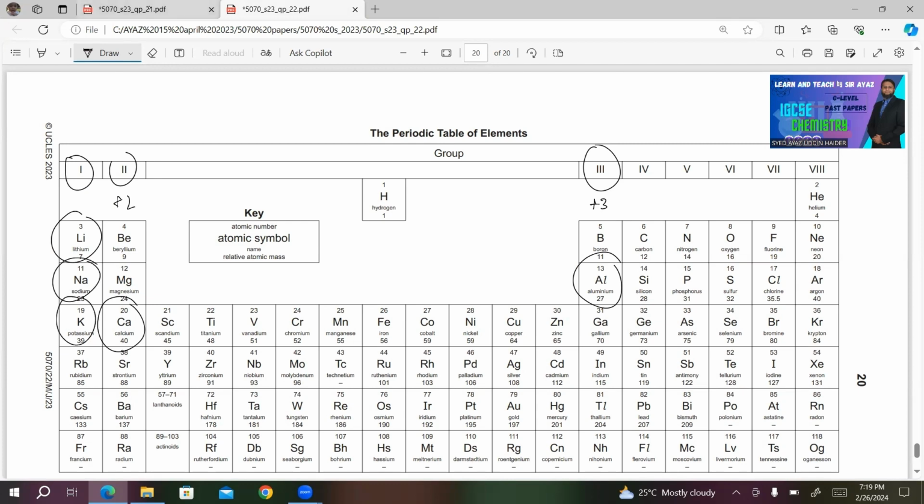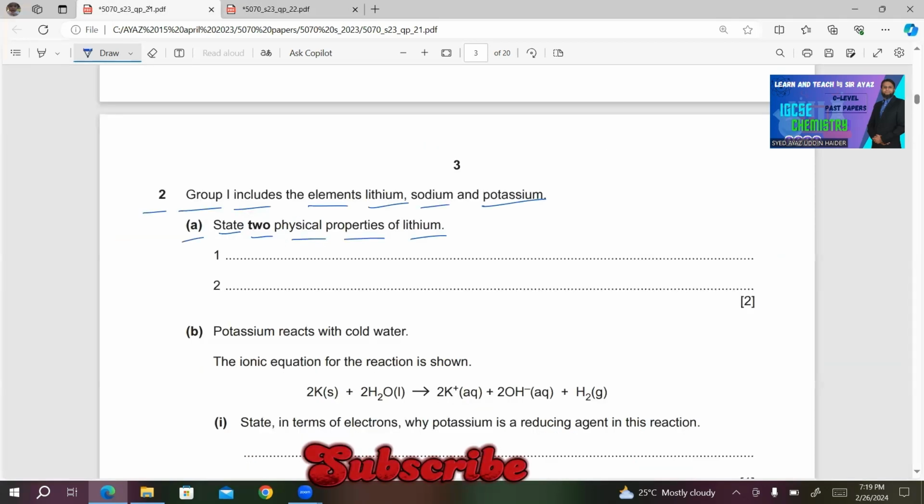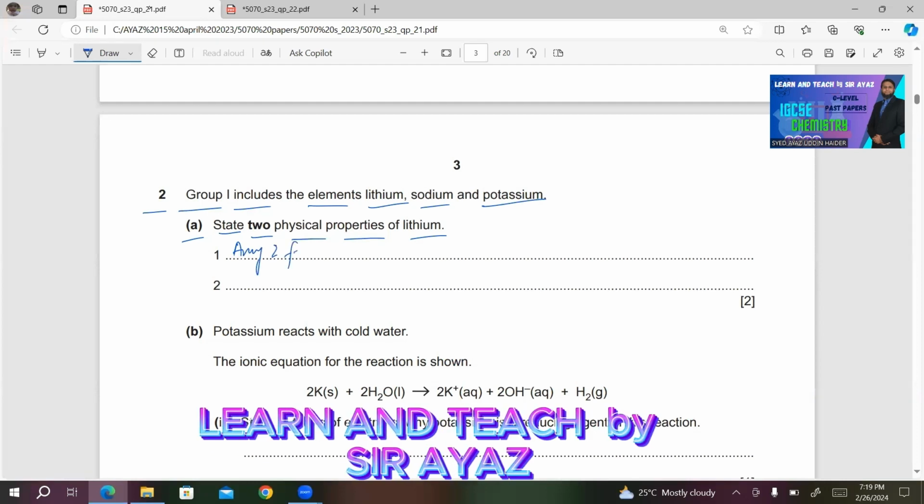They have some typical properties like they are soft, they have low density, low melting point, they are shiny, and other typical properties of a metal are that they are good conductors of heat and electricity, they are ductile, malleable. So you can write any two from these.